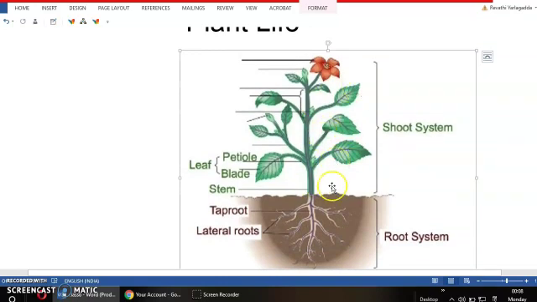Aerial part means it is present above the ground, in the air, and it consists of the stem, then branches, and in the branches leaves are present, flowers, buds, and fruits. All these are the parts of the shoot system.